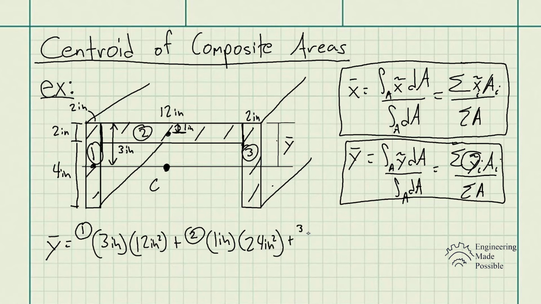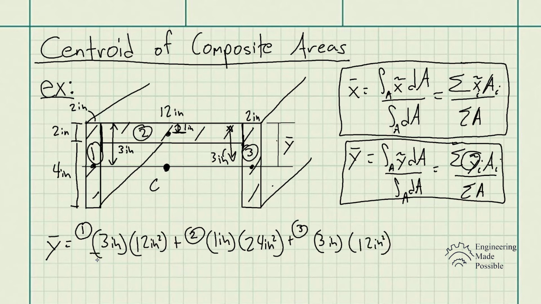Plus the third area, which is basically the same as area number 1 because they're the same. So it's going to be 3 inches from the top. Here's the center of that rectangle: 3 inches, times the cross-sectional area, which is 2 inches times 6, 12 inches squared.